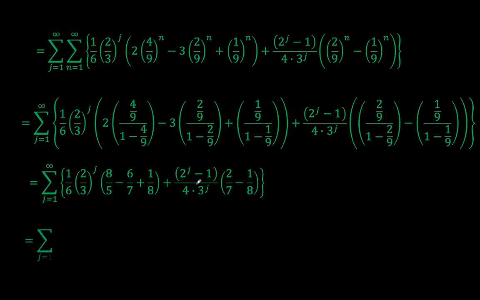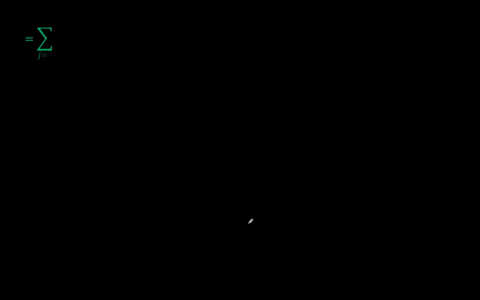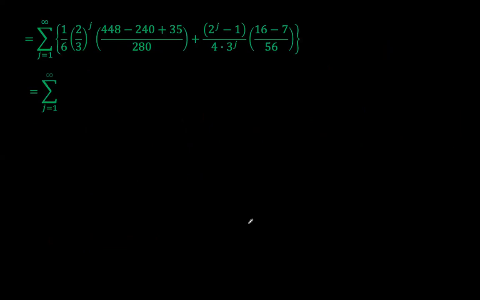Okay, so that means that here we do have 448 minus 240 plus 35 over 280. And then here we have 16 minus 7 over 56. Okay. And so what we have is 243 over 280.